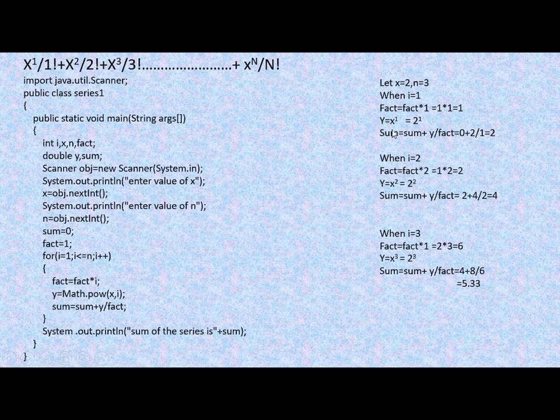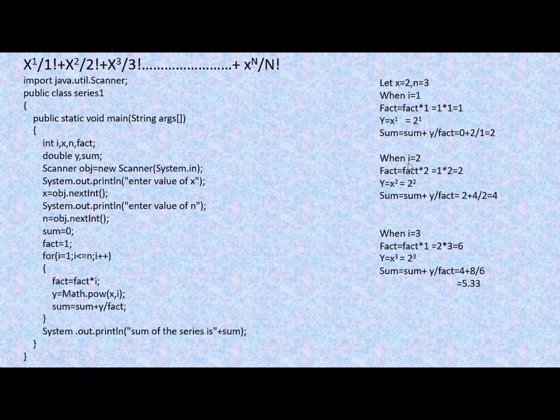Now y, that will be x to the power of I, that is equal to x to the power of 1. So as we have taken the value of x as 2, so it will be 2 to the power of 1. Now sum equals to sum plus y by fact. So that is equal to sum, initial value of sum is 0, as here you can see it is 0. So 0 plus value of y is 2, so 2 by 1. So this will be equal to 2.